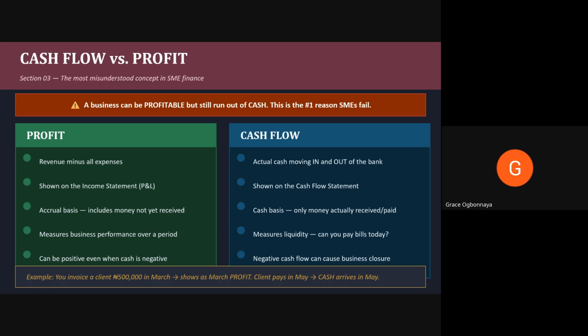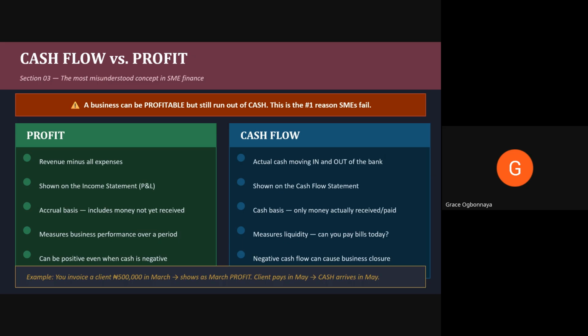This is one of the reasons a business can still be profitable but run out of cash. You're doing a lot, but no cash for day-to-day is very possible. And it's one reason why SMEs fail. So profit is basically subtracting all your expenses from your revenue.